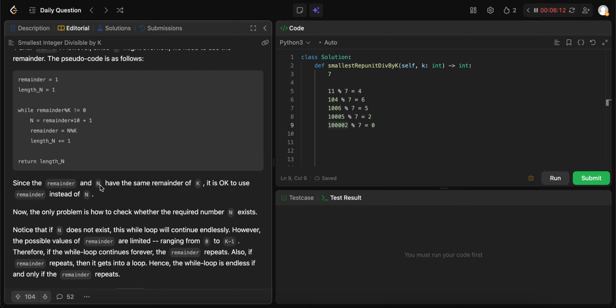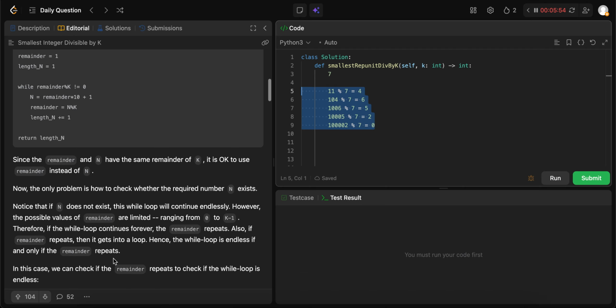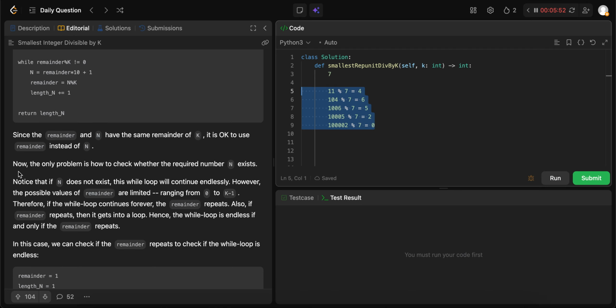Why do remainder and n have the same remainder? What is remainder? I mean, is this essentially what I was doing before? Honestly, I don't know. I might have to read that again, but let's move on.